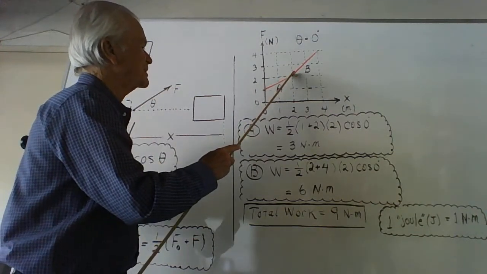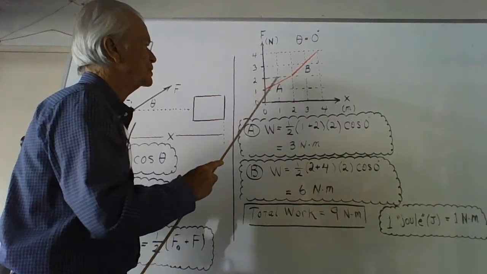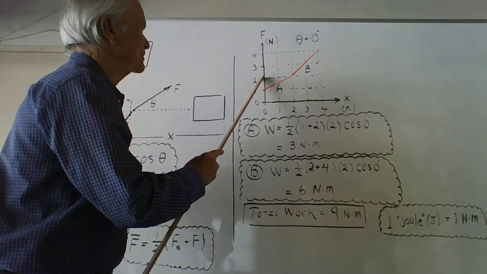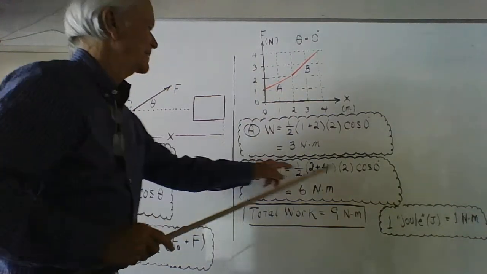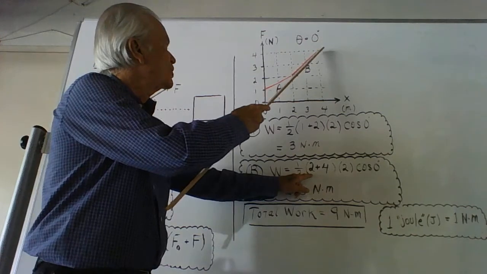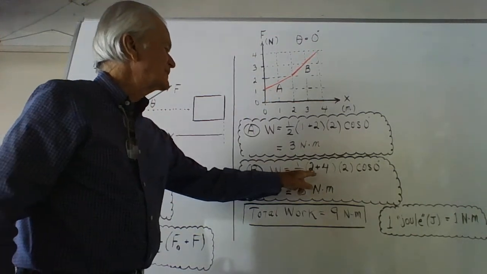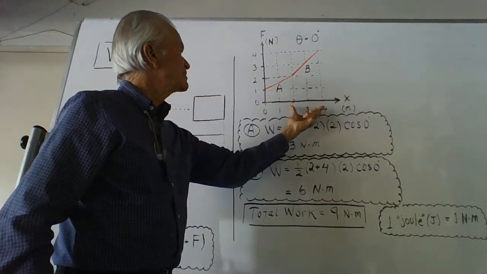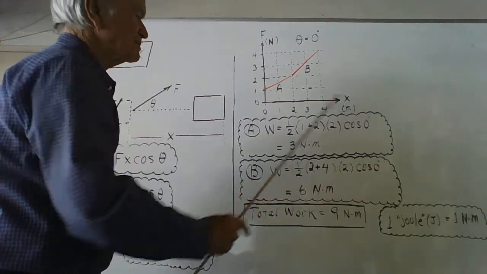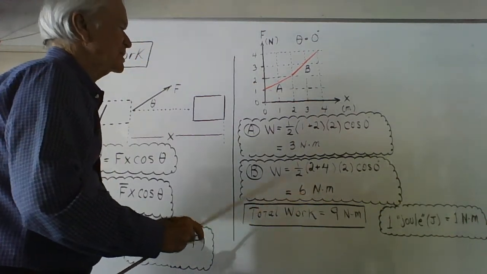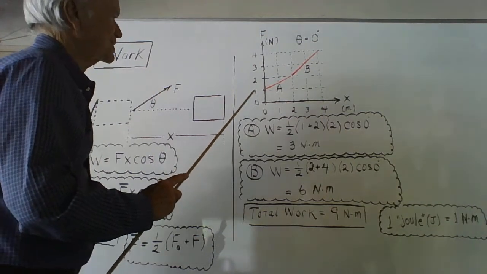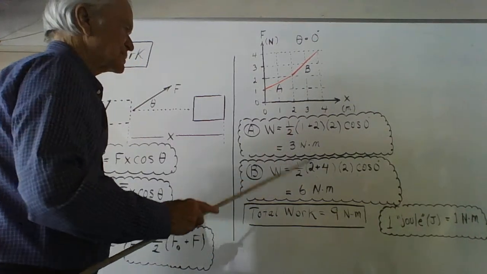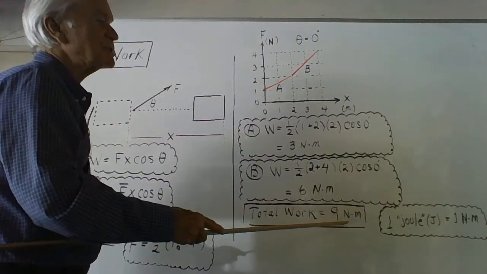Starting force at the beginning of the B time interval, 2 newtons, ending value 4 newtons. 1/2 the sum times the distance moved, again, it's 2 meters, cos of 0, final result 6 newton meters. The total work then done as the object moves from the 0 mark to the 4 meter mark is the sum of the two works done, 9 newton meters.